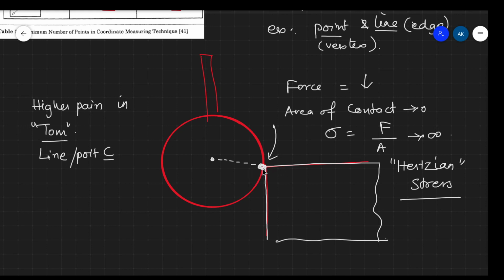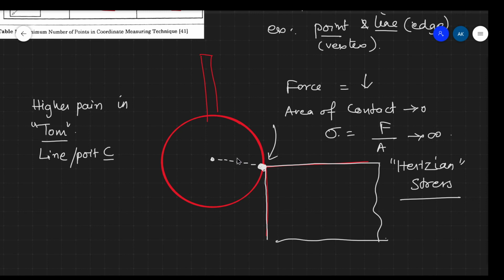So here you see it is a type of higher pair combination only. Force, even if it is very less, the area of contact is tending to zero, so the stress will tend to infinity. This is not in your syllabus right now, so you don't need to worry about this. But yes, this is called Hertzian stress, which becomes very high.